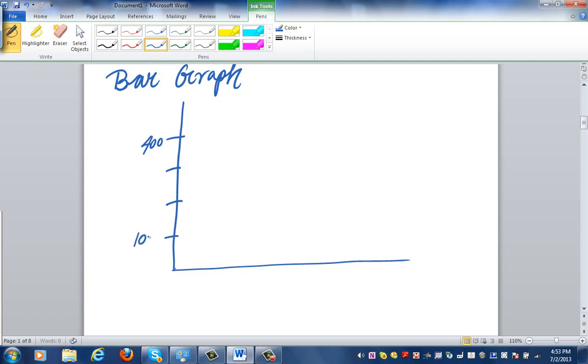For the unemployed category, I make a rectangle where the height is given by the frequency of the category, and here's what I call unemployed.